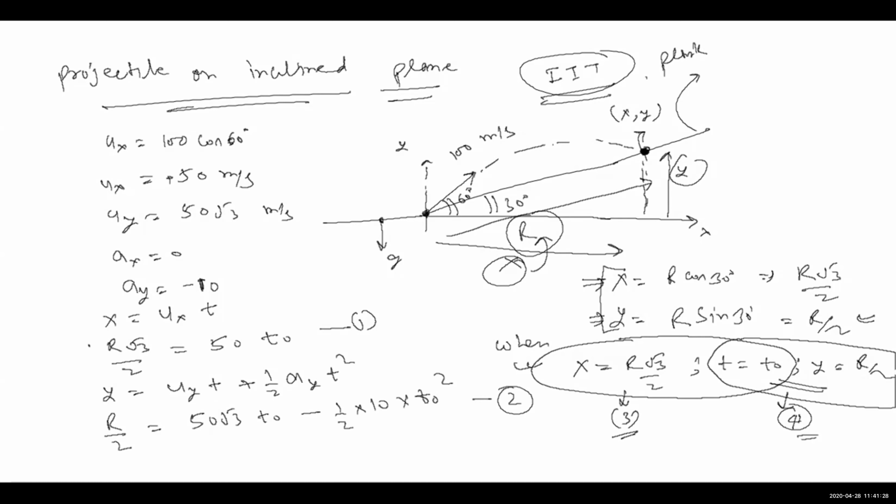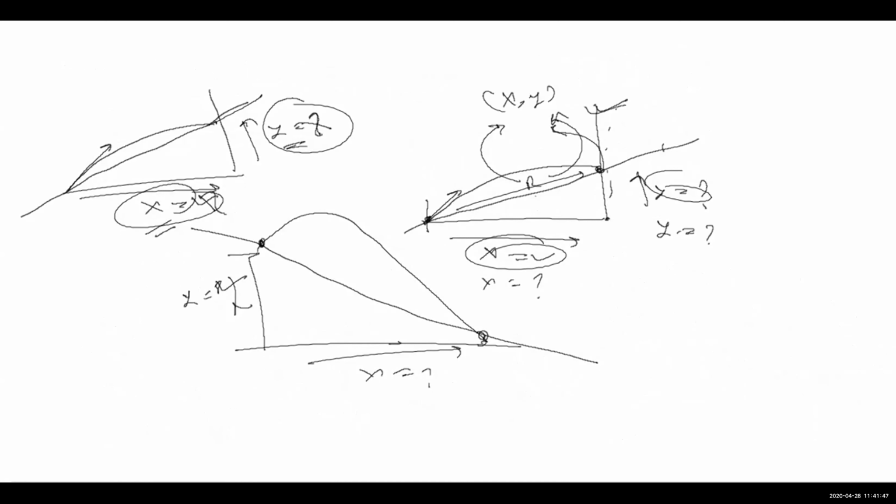I need to calculate R. The value of t naught from equation 1 can be replaced in equation 2. If I replace the value of t naught from equation 1 into equation 2, I'll have a quadratic equation involving R. Let's do it. Next page I'll go.